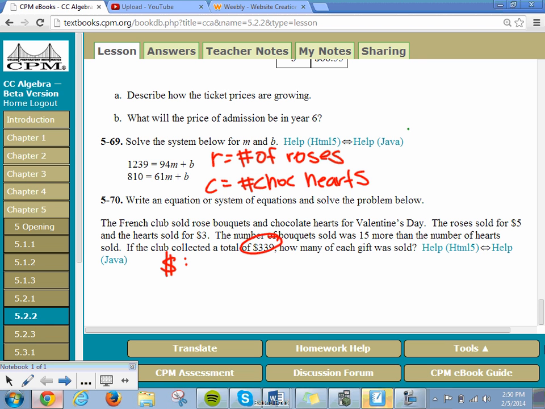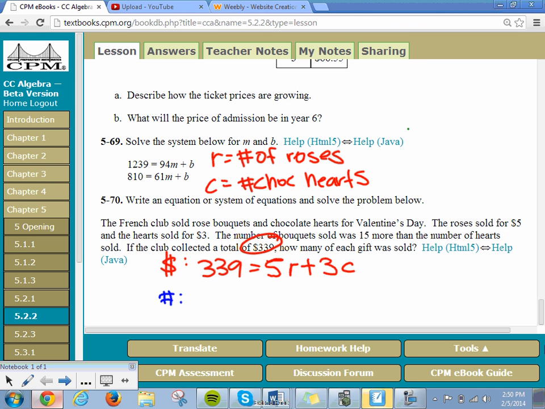The first one is my equation for the amount of money that they made. I know that they made a total of $339. And I know that that's going to come from 5 times R for the roses, plus $3 for every chocolate heart they sold. So that's one of my equations.